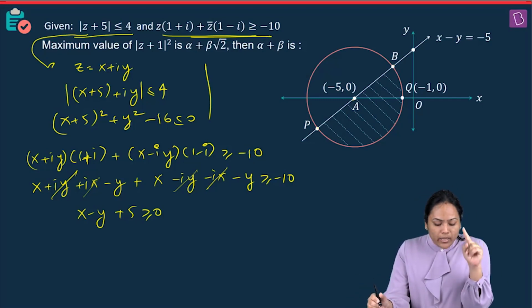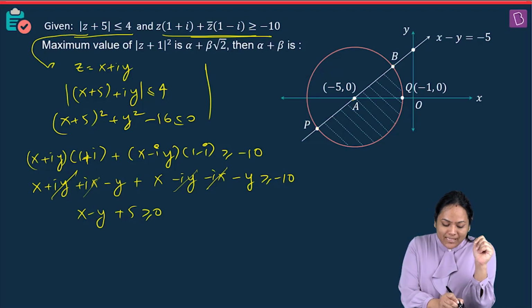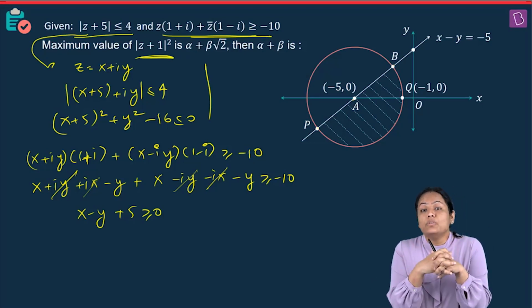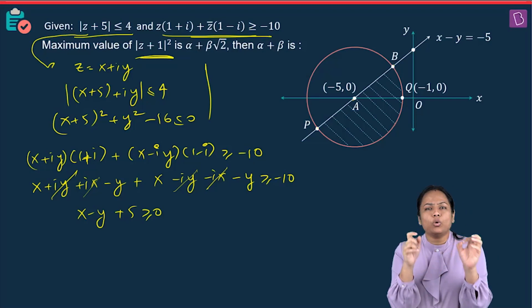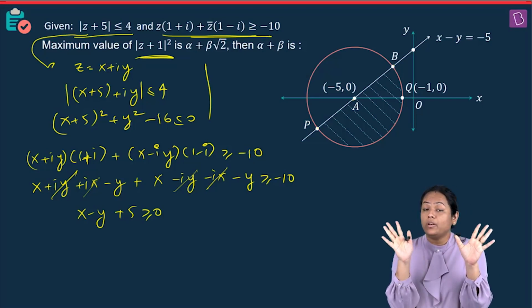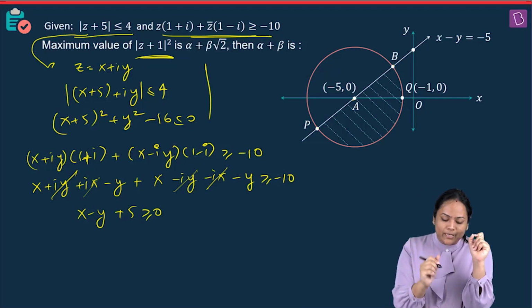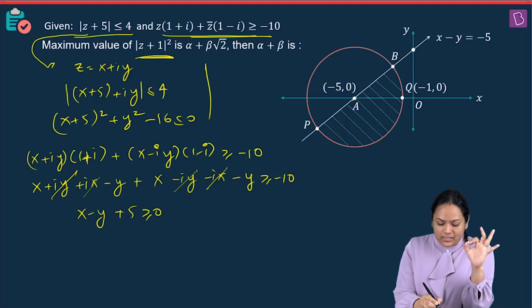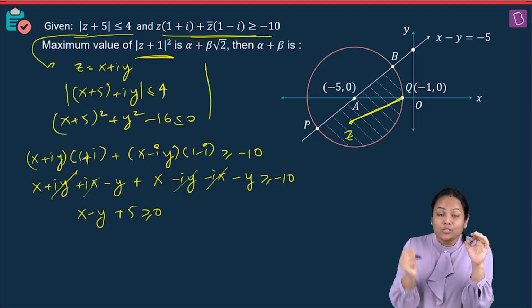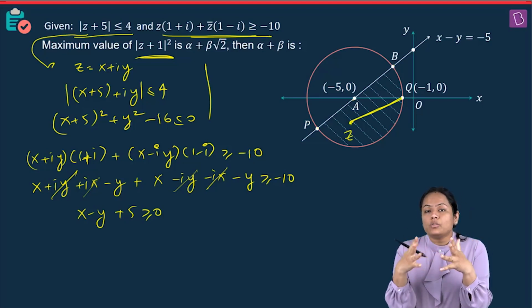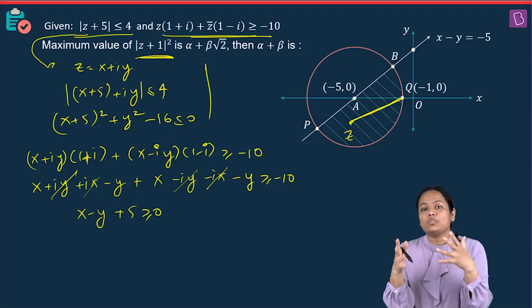Now they have asked what is the maximum value of mod of (Z plus 1) whole square. Now tell me guys, what is modulus of Z plus 1 representing? Well, Z plus 1 represents the distance of complex number Z from this point Q, which is minus 1 comma 0. And its whole square means I have to find the maximum value of distance square.